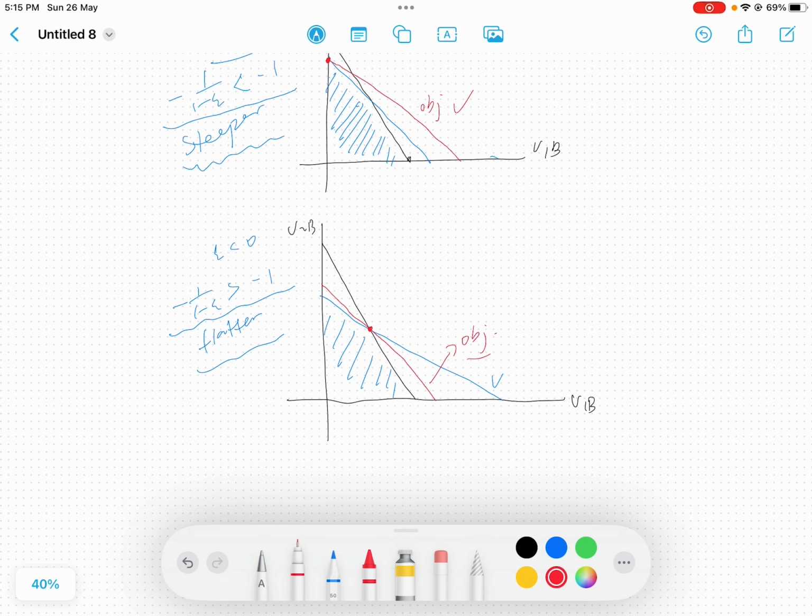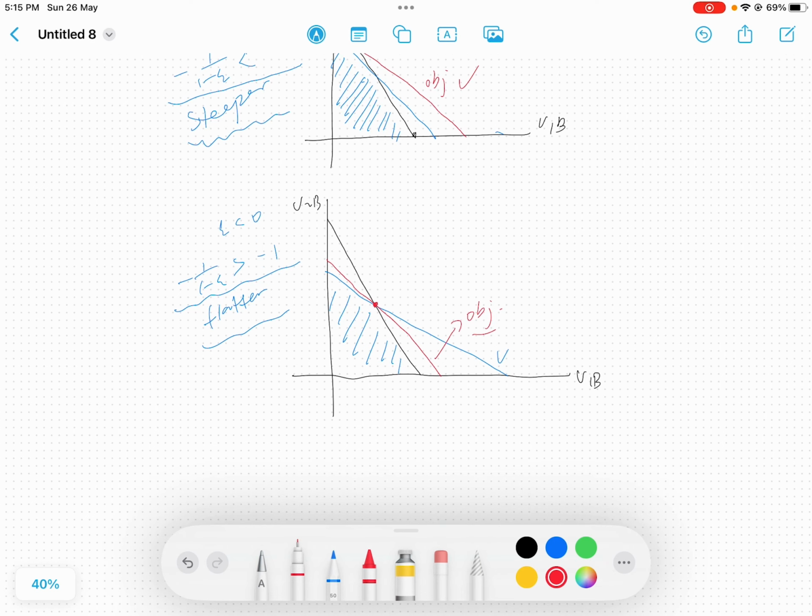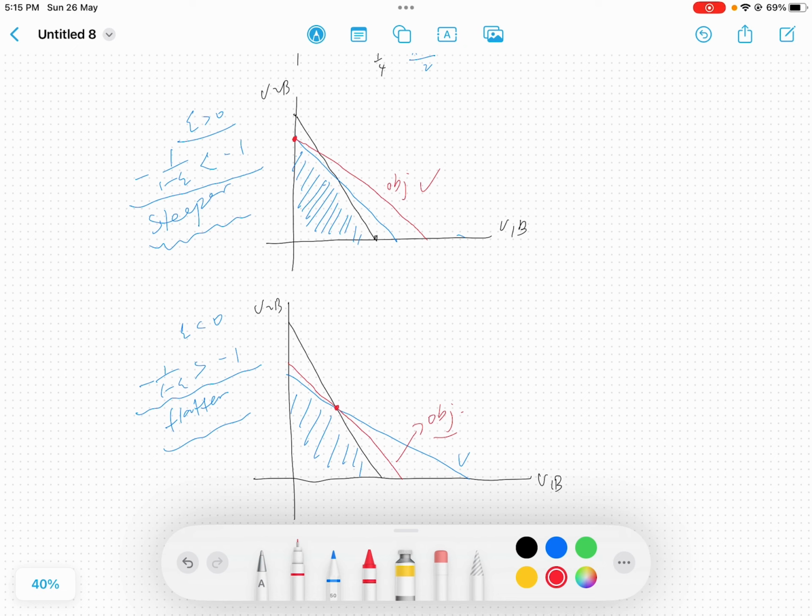Actually, it cannot be the point on the vertical axis, right? So it has to be somewhere here. That's the difference led from the different values of epsilon.